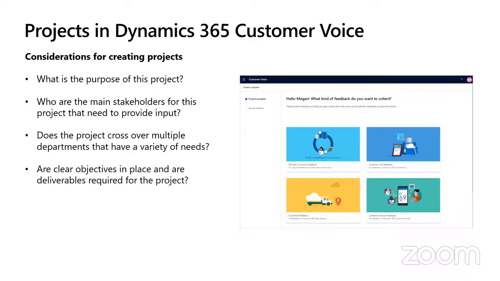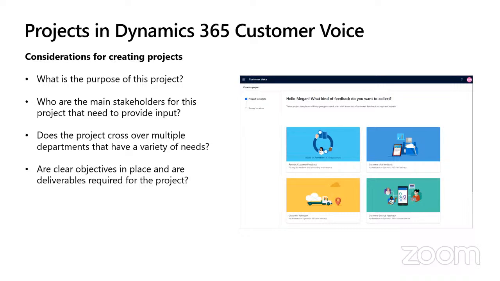And there are two main elements within the Dynamics 365 Customer Voice project, which are your surveys. And with the surveys, it's actually just a project that contains one or more surveys. And then the other element is the reports.